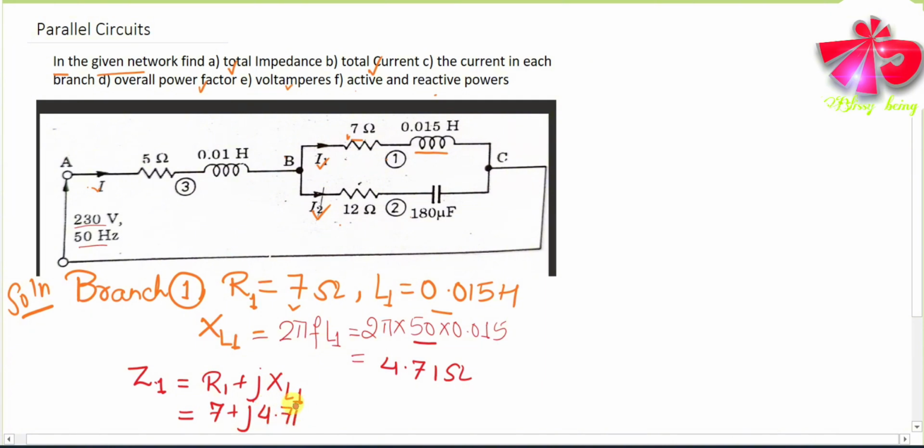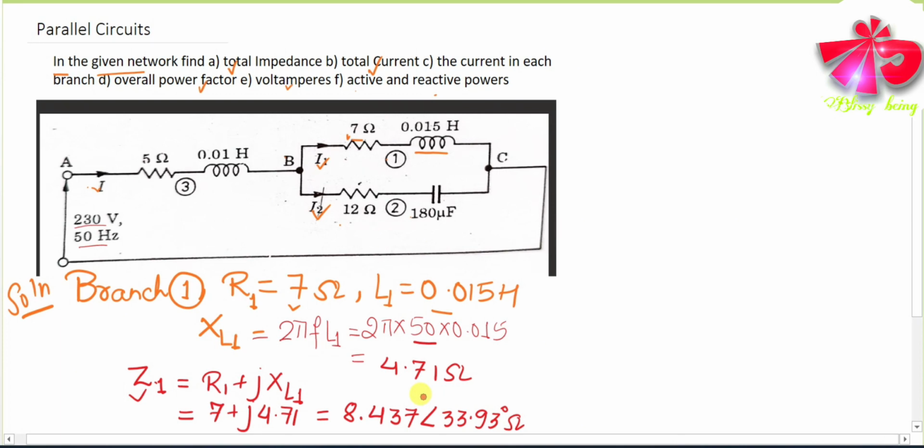This one is your impedance Z1 of the branch, or you can write it in polar form as well, 8.43 at an angle of 34.9 degrees. You can use a calculator to convert the complex number into angular form. If you have any problem regarding this, you can mention it in the comment section so that I will prepare another video for this. You can easily convert this from your calculator.